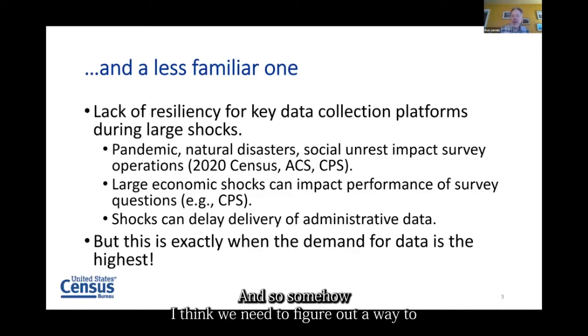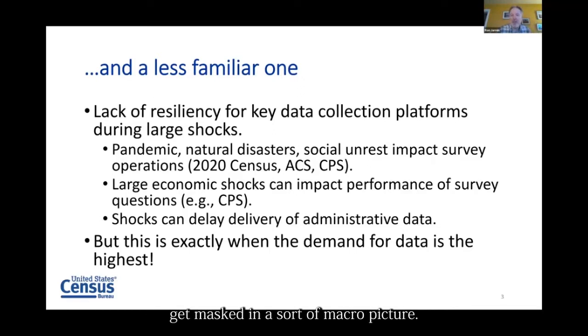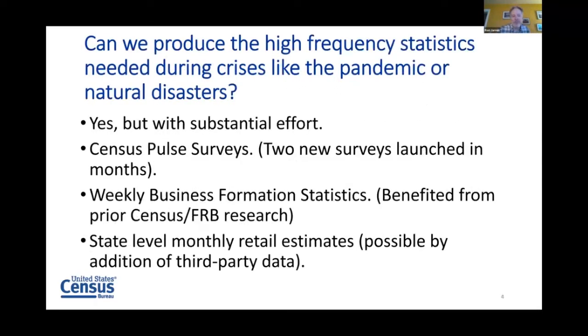And so somehow I think we need to figure out a way to solve this problem so that we're not having it in the future when we have some other shock to the economy. Hopefully not a big one, but I think what we do know is that these things happened in local areas, like during Katrina and stuff like that before, but you kind of get masked in the macro picture.